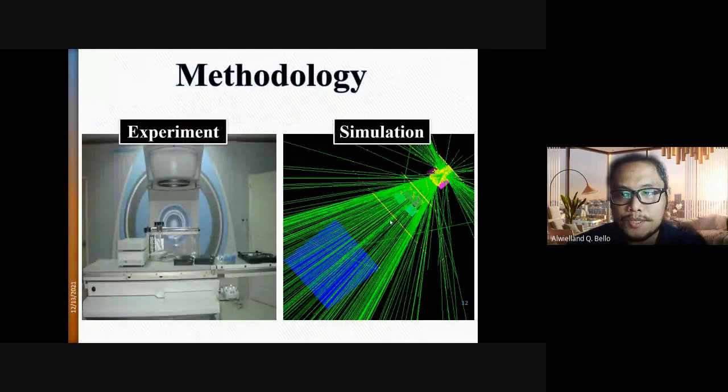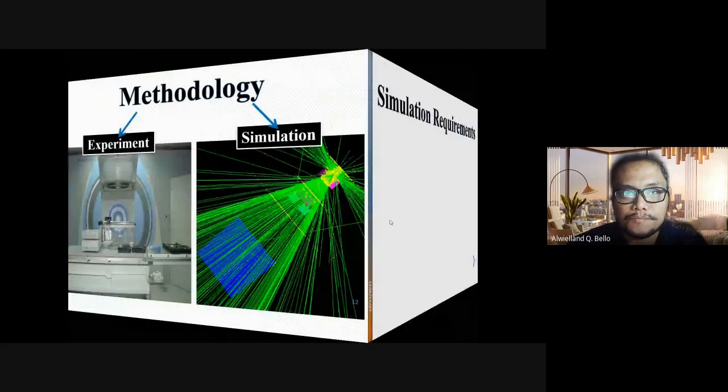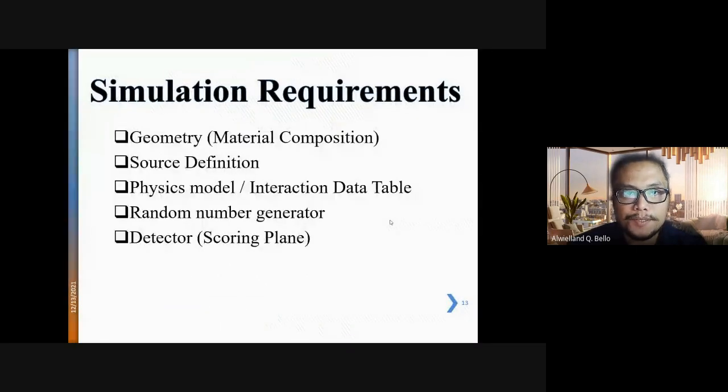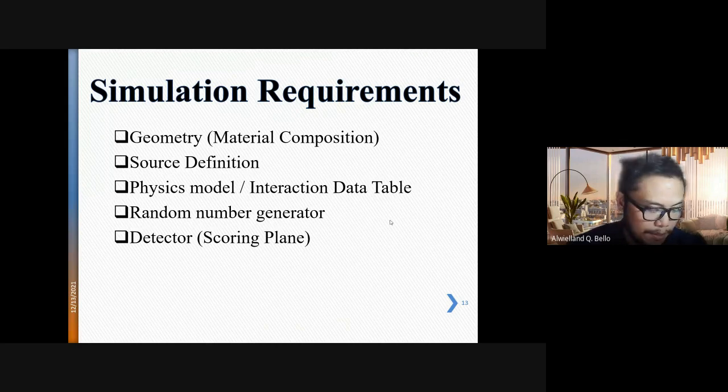So for the methodology, we have the experimental phase and the simulation phase. The simulation requirements: we need geometry or material composition, source definition, physics model or interaction data table, a random number generator, and a detector.